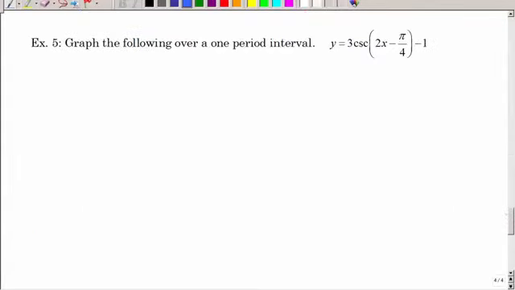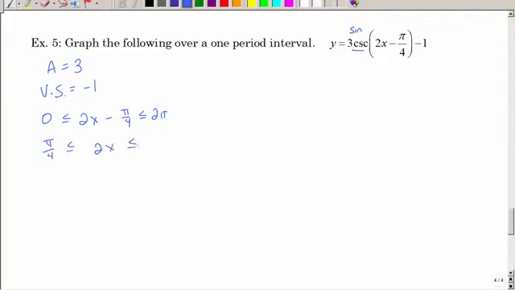All right, so let's just practice this one, the cosecant. I'm going to pretend that that cosecant says sine. So I'm going to just graph it just like I would the sine. The amplitude, the vertical shift, and I'm going to add pi over 4 to both sides, and I'm going to divide by 2.